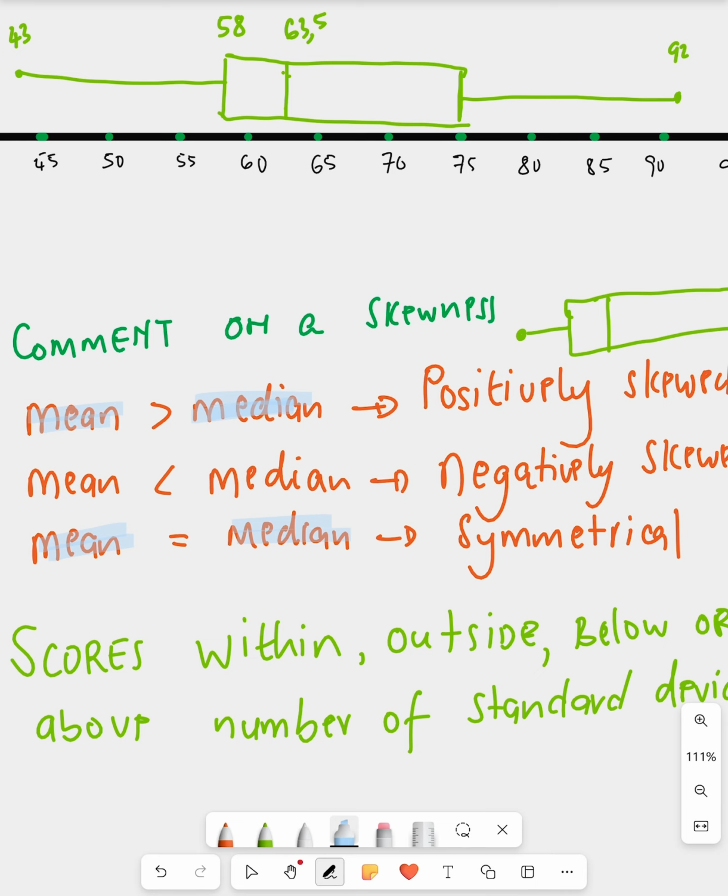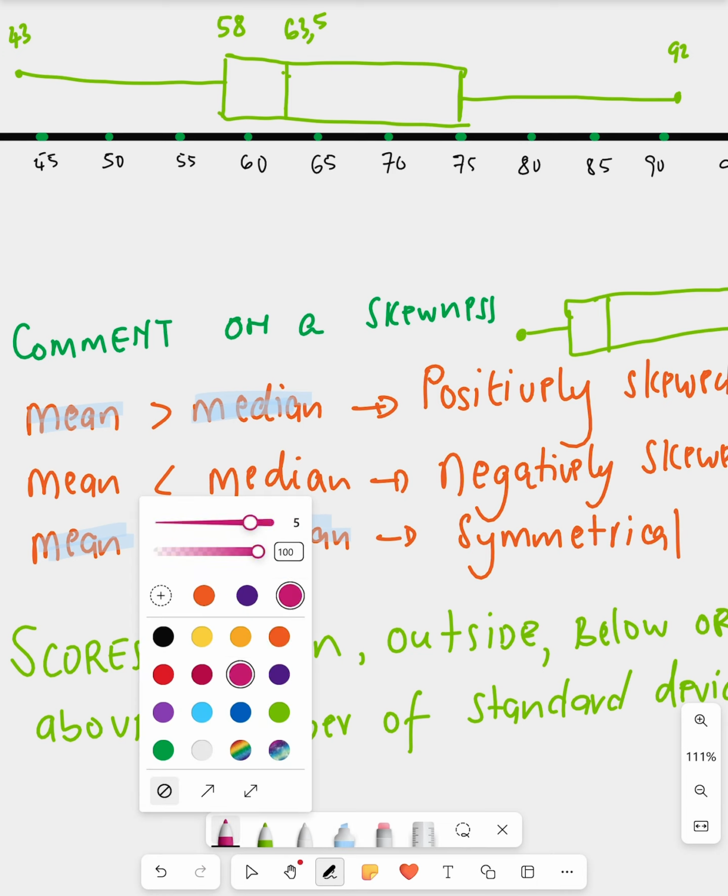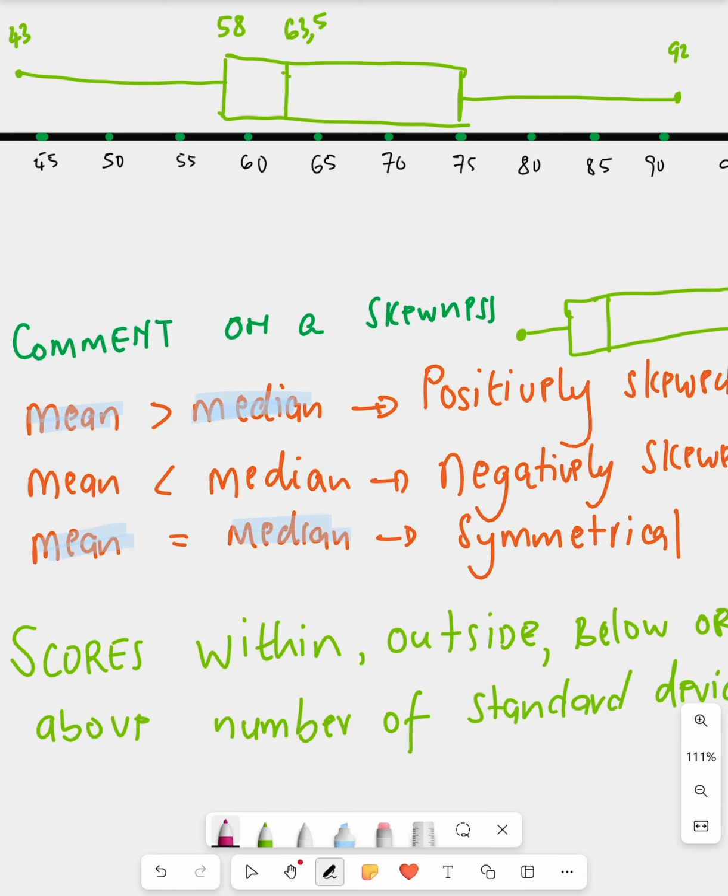Now, if we look at the box and whisker that we have drawn above, you will realize that our mean is 66.7, which is bigger than 63.5. So that means the box and whisker that we have drawn above is positively skewed.